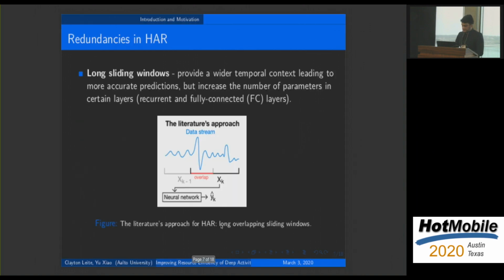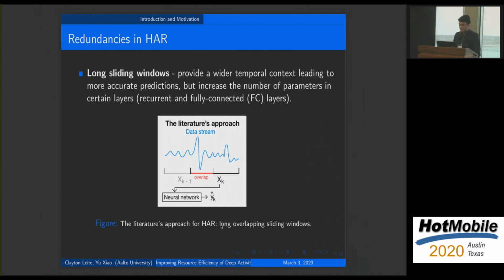So here, I first talk about one thing in human activity recognition with deep learning. First, for example, let's suppose we have a data stream. But to be simple, let's say it's only one sensor. And what we do here is that we take a window, for example, x k minus 1, x k, at every instant we have a window. This window, for example, can have 5 seconds.